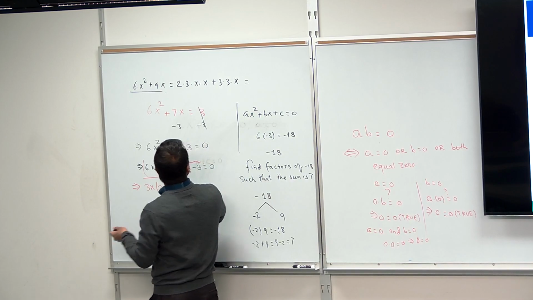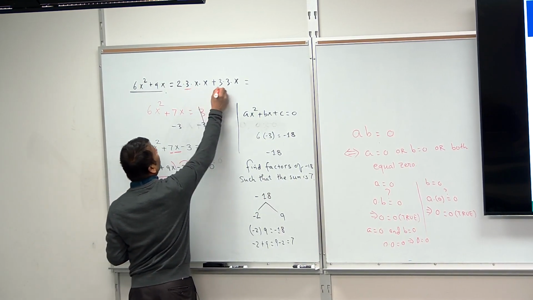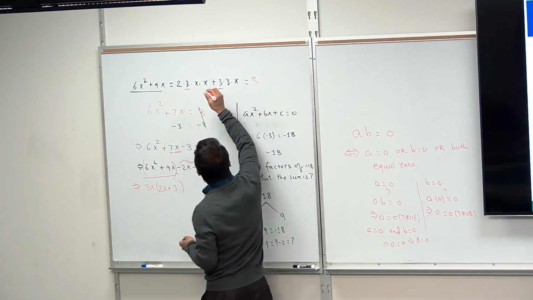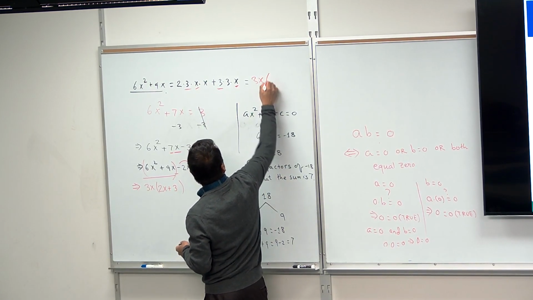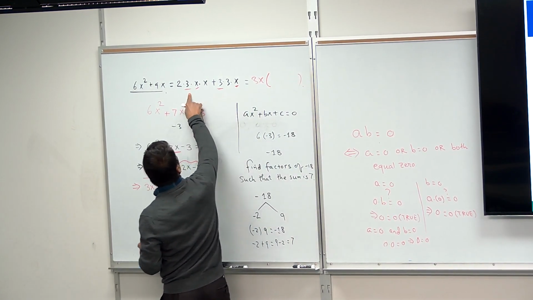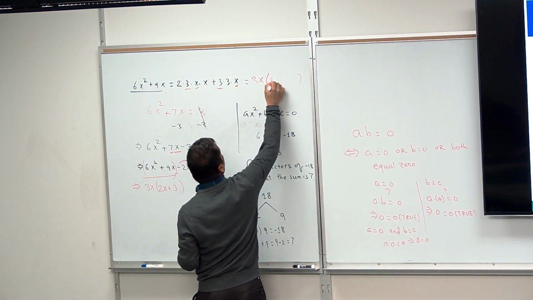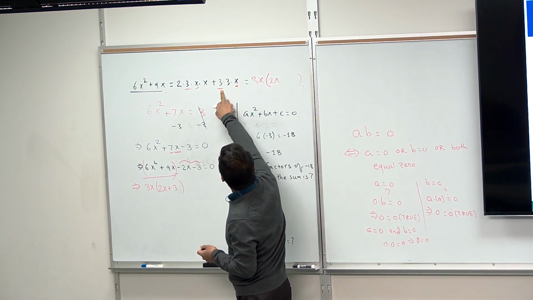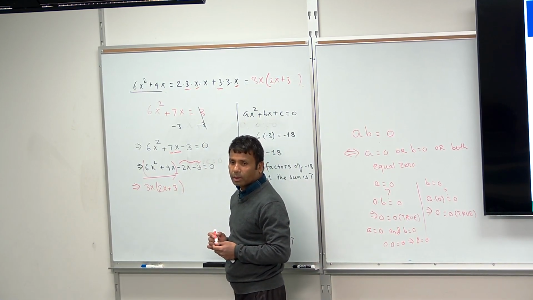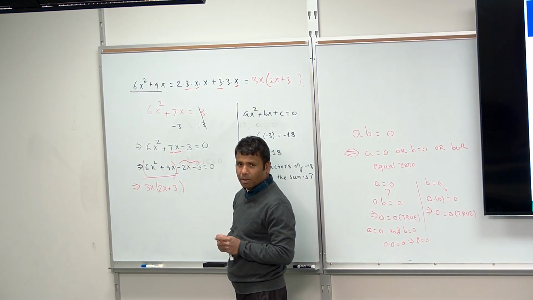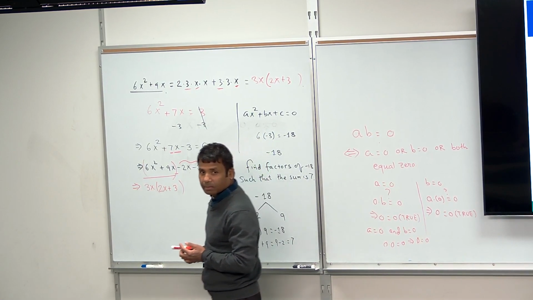What is common? 3 and x. So you factor out 3x, and what is left over is 2x, plus 3. That's what I wrote down here. That makes sense?